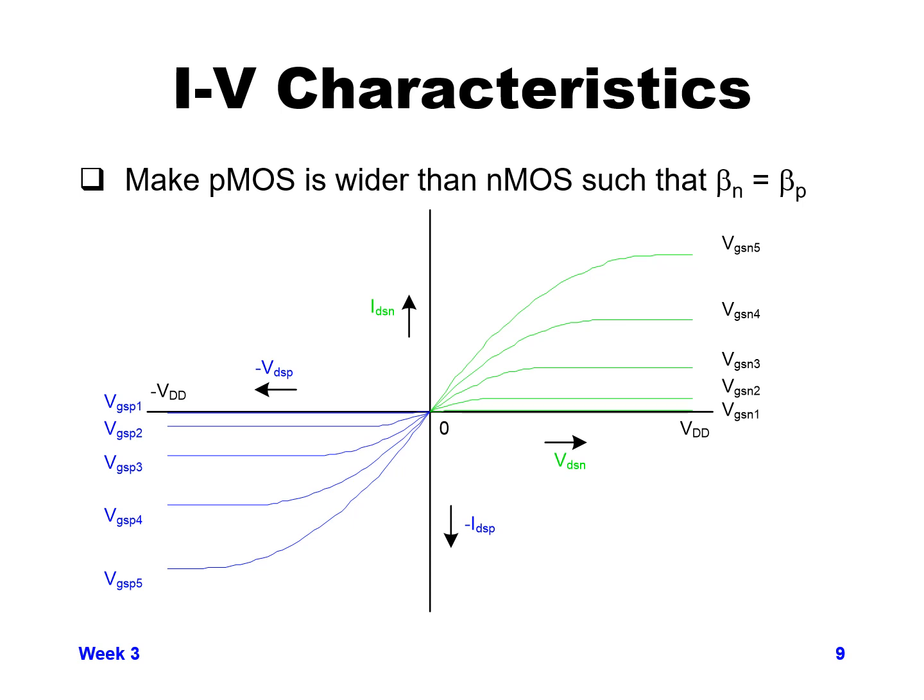So we're making the assumption here that we're making the PMOS device a little wider than the NMOS, wide enough that we cause beta N to equal beta P. So the curves here are the same magnitude value for a given VGS value, because of the fact that we made the PMOS wider than the NMOS.